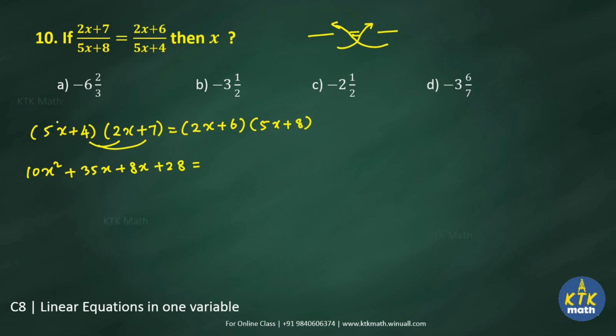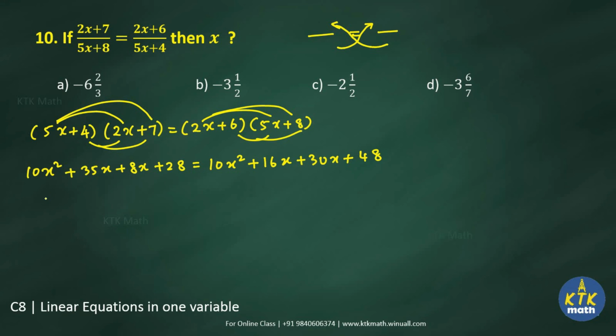I'll repeat again. First term with first term multiplied gives 10x square, and first with second you will get 35x. Now do the similar with 4 into 2x, 8x, 4 into 7, 28. Just do the same for the RHS also, right hand side. So 2x times 5x is 10x square, and 2x times 8 will give you 16x, and 6 5s are 30x, and 6 8s are 48.